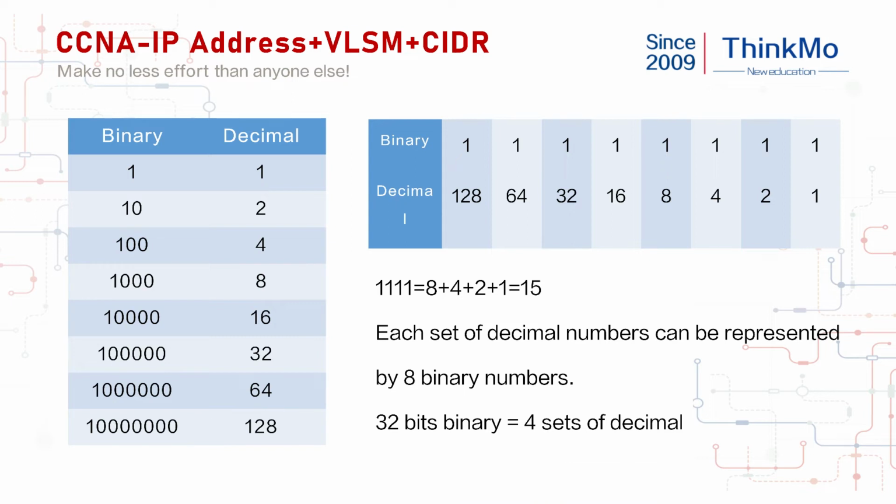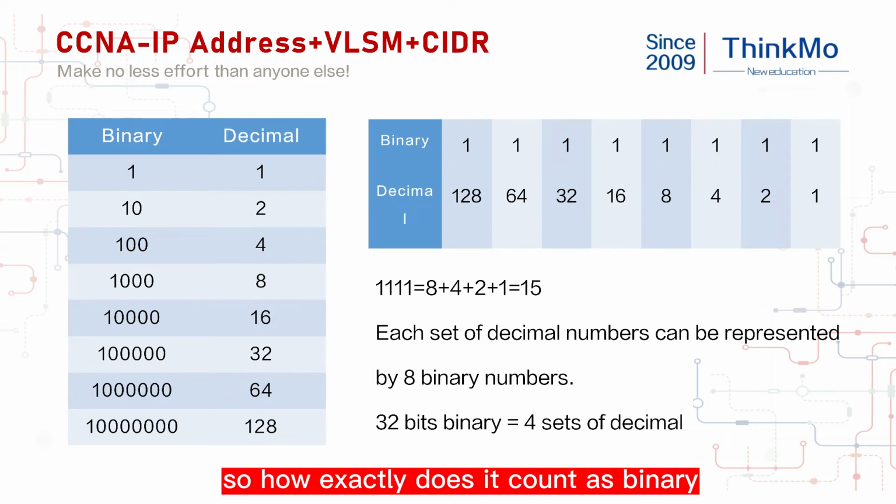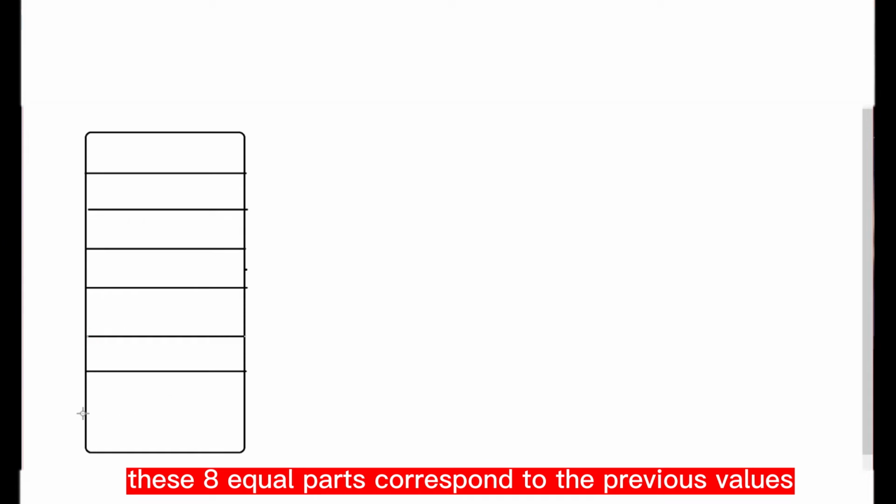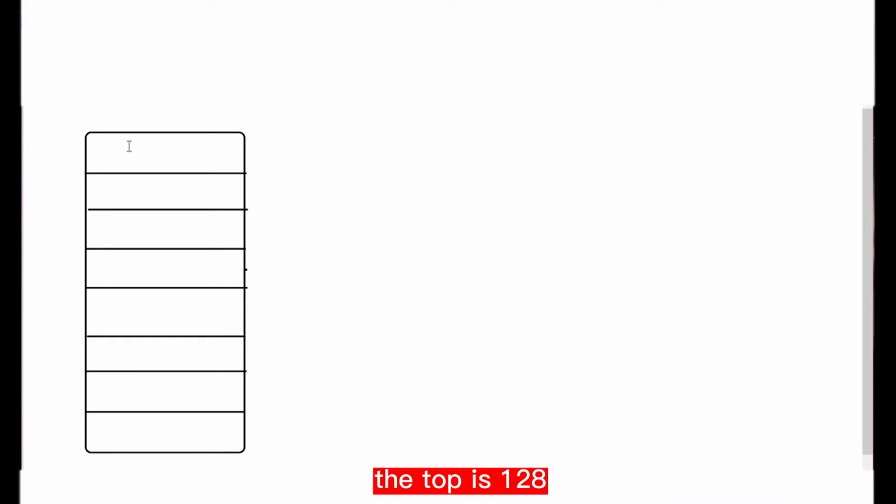For example, what we just wrote: 192.168.1.111. So how exactly does it count as binary? Let's calculate together. Calculating this process is actually quite simple. I will simulate a scenario for you. This scene is quite interesting. Suppose I now draw a square and divide it into 8 equal parts. These 8 equal parts correspond to the previous values. The top is 128, then down to 64, 32, 16.